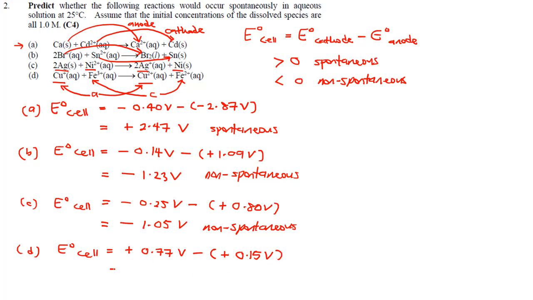So this should give you an answer of positive 0.62 volt. So positive value of E naught cell indicates that the reaction tu is spontaneous.